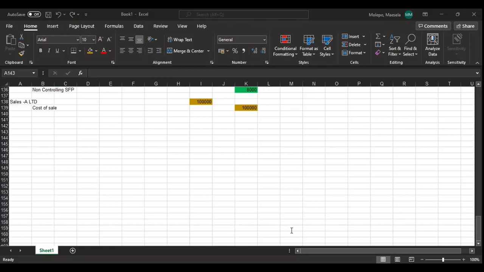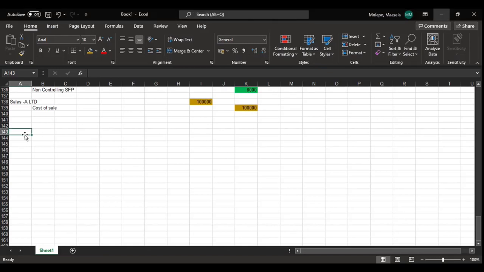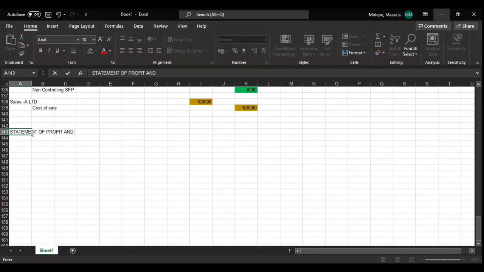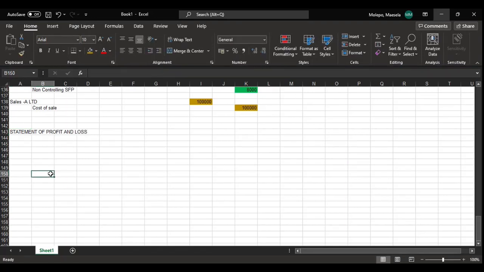And remember, anything that affects the retained earnings, it means it comes from the statement of profit and loss. So now we do the statement of profit and loss. Let me check up.